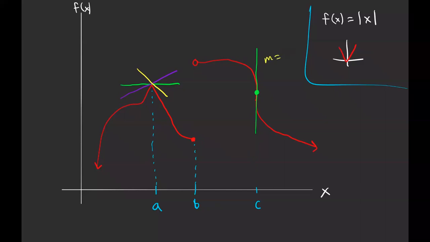And so if we were to try and write the equation of that tangent line, you couldn't, because remember, we have our line equation, y minus y naught equals m times x minus x naught. So if m isn't even a number, if it's infinity, that's just bad. We just can't find the equation of that tangent line. And so that's why we would say this function is not differentiable at that point x equals c. It's because the tangent line doesn't really work out there. We don't have a nice, clean, and concise way of writing that tangent line there.